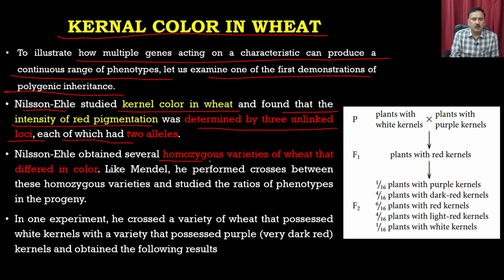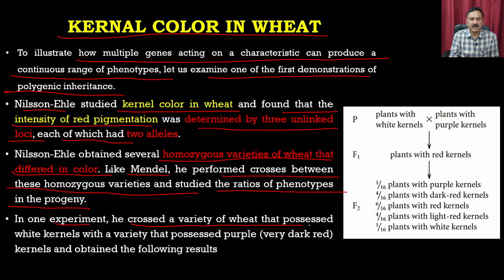He then obtained several homozygous varieties of wheat that differed in color, performed crosses between these homozygous variants and studied the ratio of phenotypes in the progeny. In one experiment, he crossed a variety of wheat that possesses white kernels with a variety that possesses purple kernels and obtained the following results.